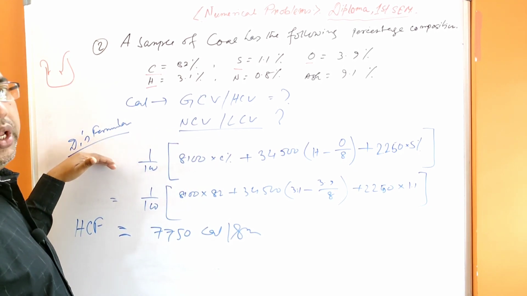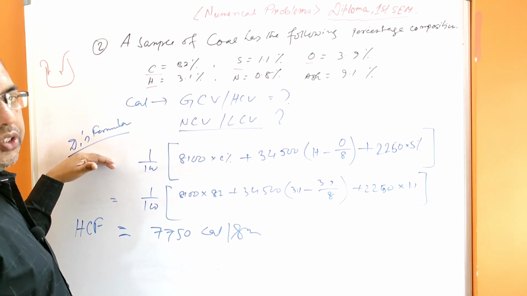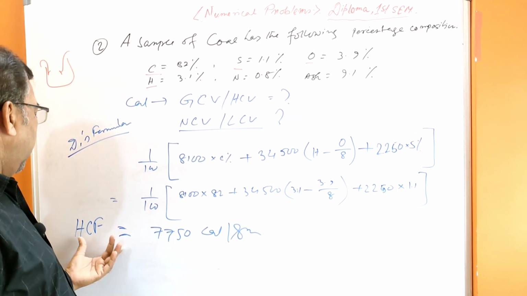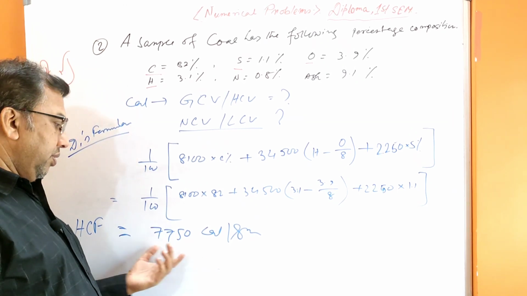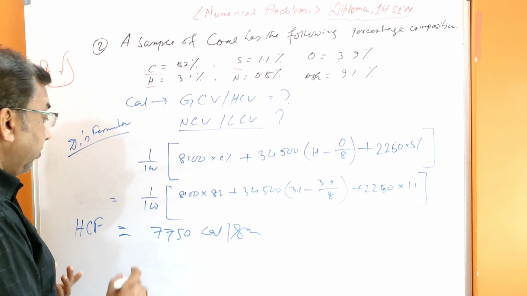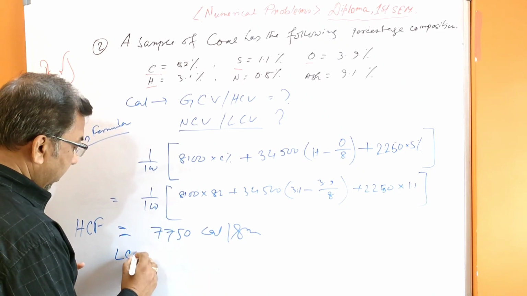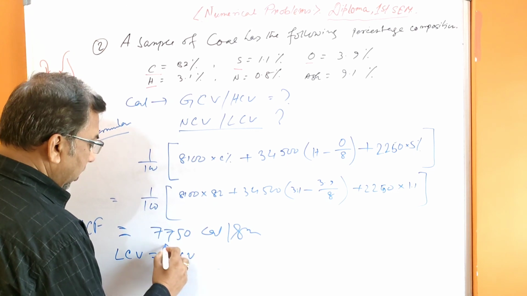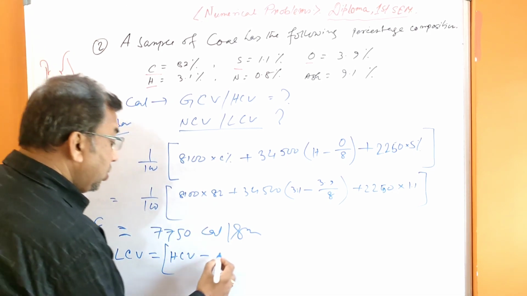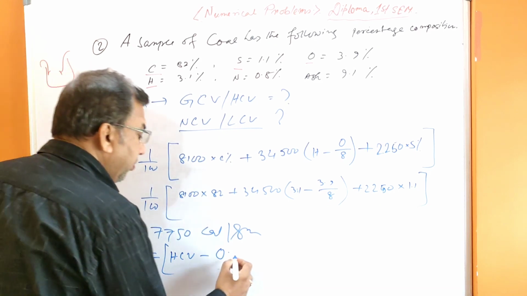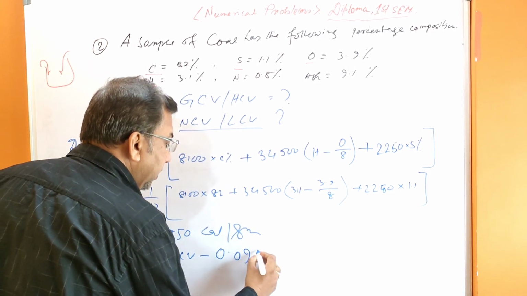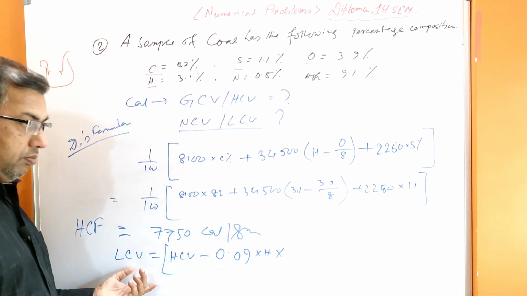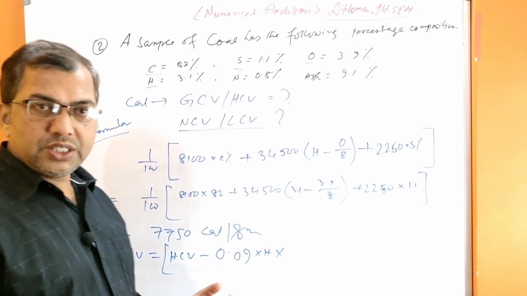Just write this formula. Remember it well, you will have to remember Dulong's formula. And if you find out the GCV, then you can write the formula for LCV. What is the formula of LCV? We have got GCV minus 0.09 into hydrogen percentage into the latent heat of vaporization.